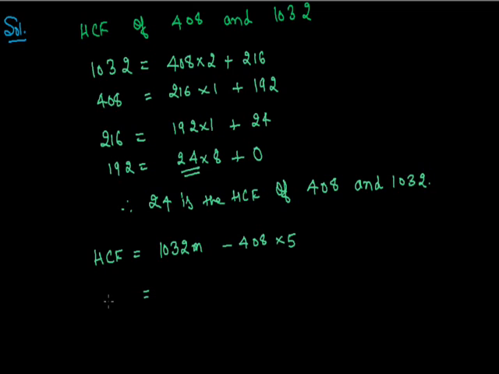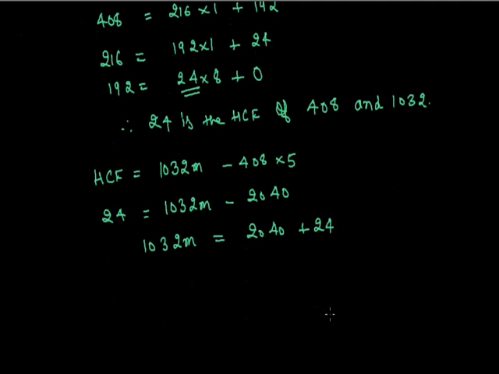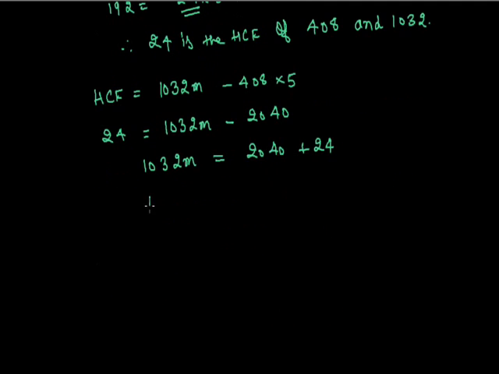So this HCF is 24, so this is equal to 1032m minus 2040. So 1032m will be equal to 2040 plus 24, so 1032m equal to 2064. Therefore m equal to 2. So the value of m is 2.